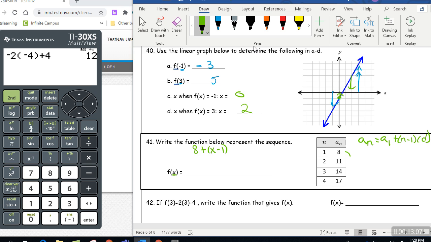And then our common difference. Well, we look at our y values. Look at your range. What are you adding each time? You're adding 3. So our common difference here would be 3. And then from there we can simplify. So distribute that 3, so we get 8 plus 3x minus 3. Combine like terms, so your final answer would be 5 plus 3x.